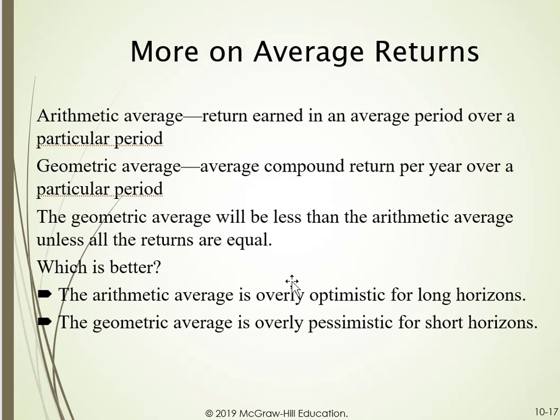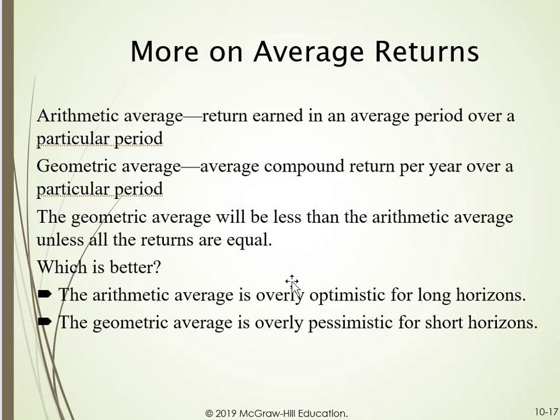The geometric average takes the returns per year and looks at how that grows over time. It applies the time value of money to the concept of returns. The geometric average is always going to be less than the arithmetic average unless everything's equal. It's always going to be a little bit less.